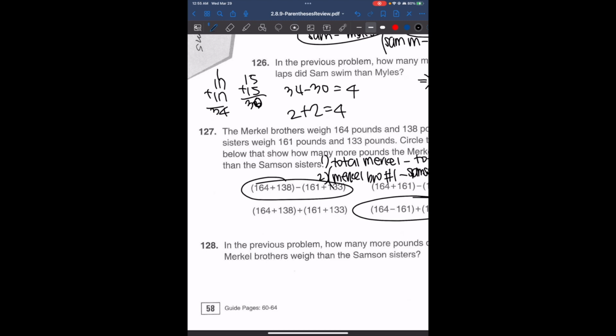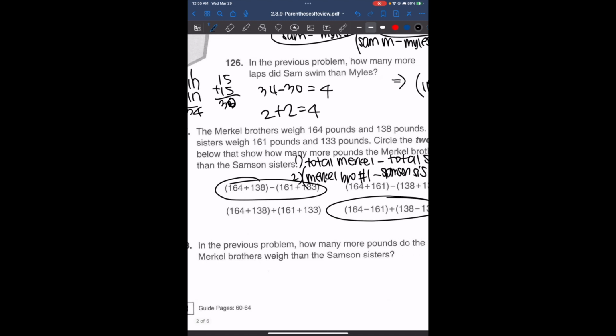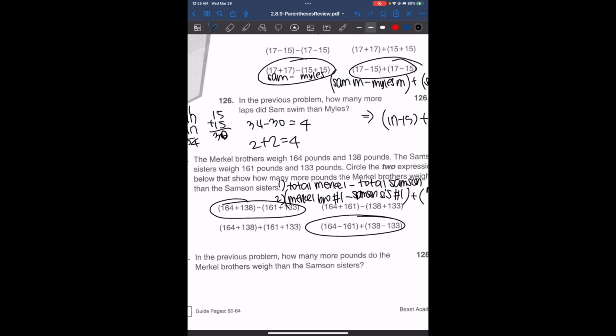Now for problem 128, we're figuring out how much more the Merkle brothers weigh than the Samson sisters. Again, theoretically, these two expressions should both give us the same answer. 164 plus 138 is equal to 302. 161 plus 133 is equal to 294.